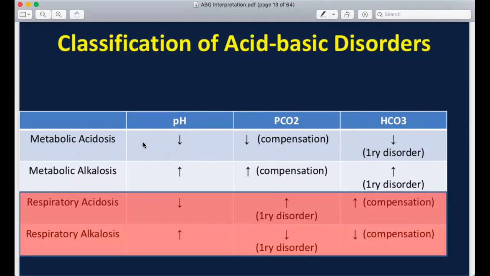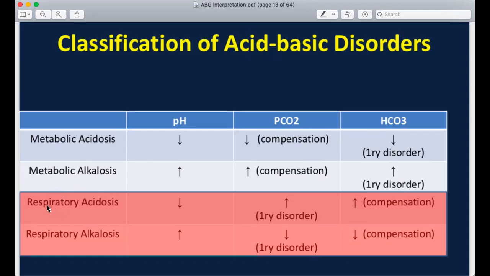Now, in this scenario, pH is decreasing as well as HCO3 is decreasing, but the partial carbon dioxide is normal. So this is a metabolic acidosis without any compensation, and the primary disorder would be primary metabolic acidosis. Same goes for the alternative one, metabolic alkalosis: pH value is higher and HCO3 is high, so it leads towards metabolic alkalosis.